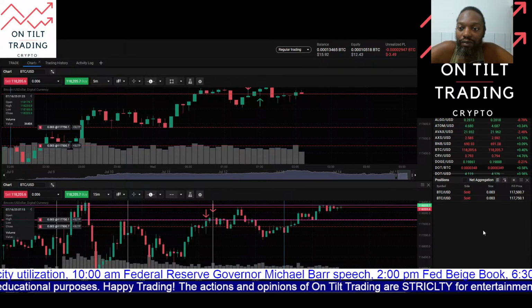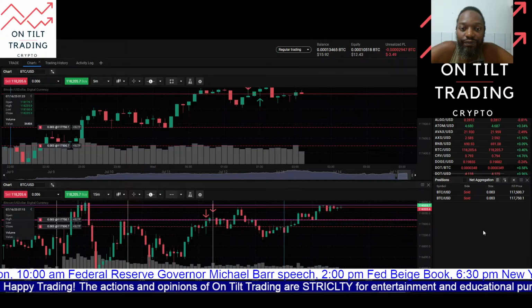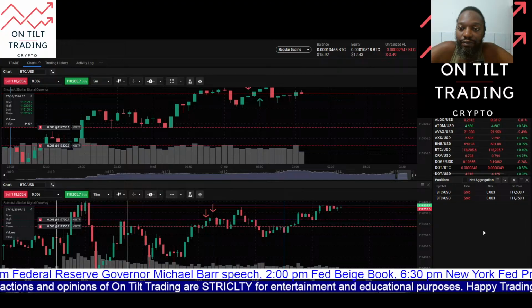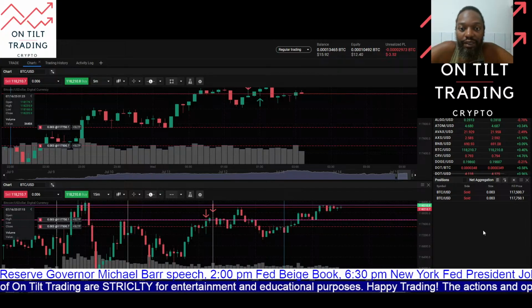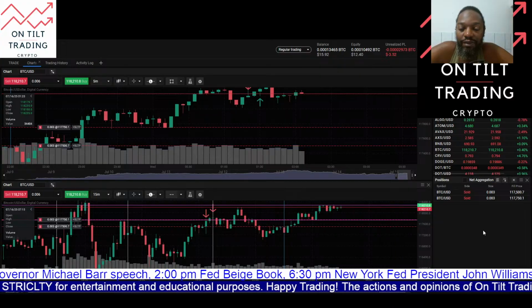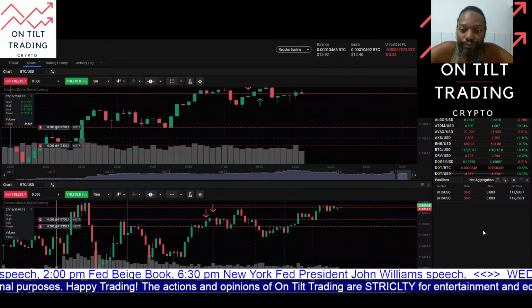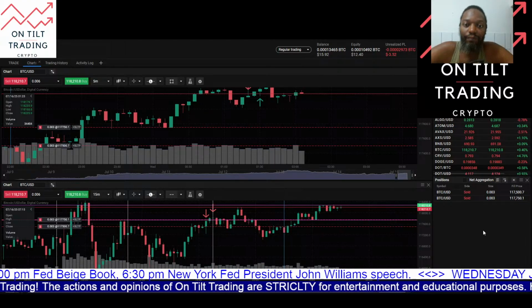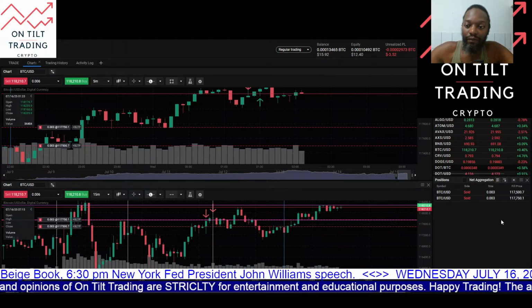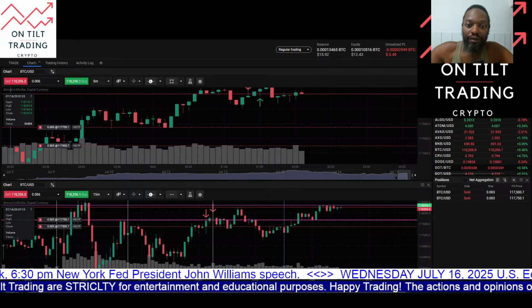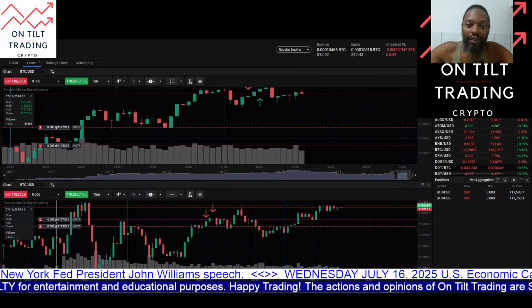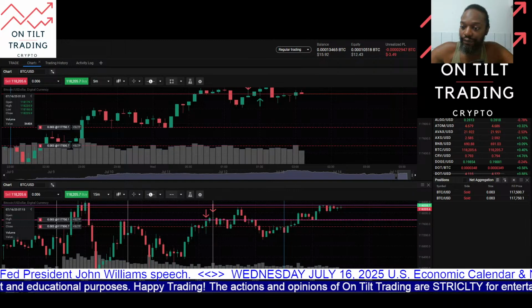Price now trading at 118,200. So I'll sit tight here and see if there's any displacement to the sell side. So this candle could be a potential order block.